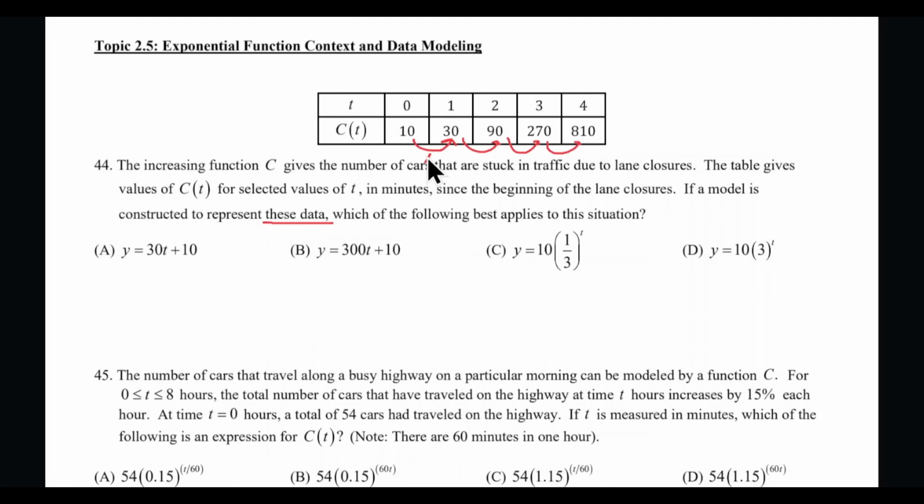Every number is multiplied by 3 to get the next number, so it is a common ratio. And you can see the x values are also increasing by the same gap, right? So if it is 3, then I'm looking for an exponential function having a b value of 3, which is only happening in option D. So that should be our answer.